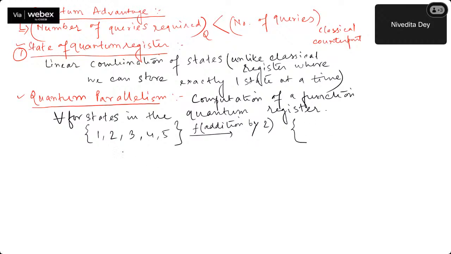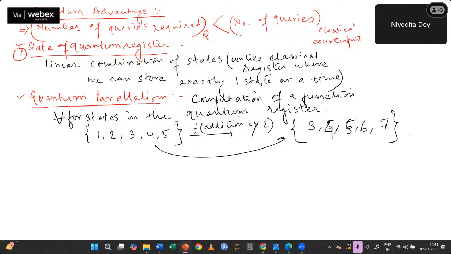I'm just telling. So you have to do it on all. Your 1 will be 3, 2 will be 4, 3 will be 5, and 4 plus 2 will be 6. So all of them, just plus 2.